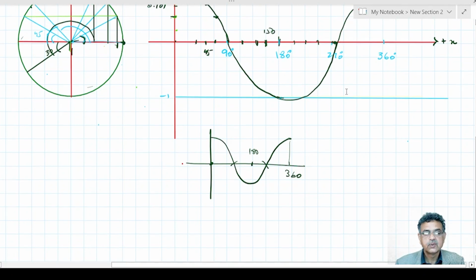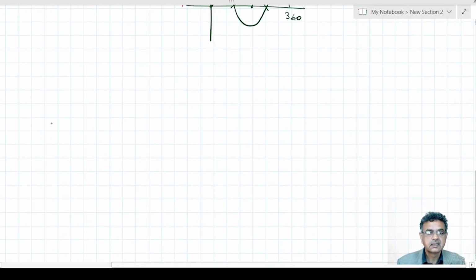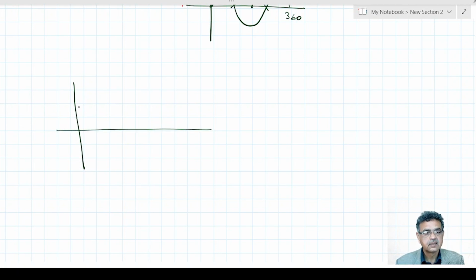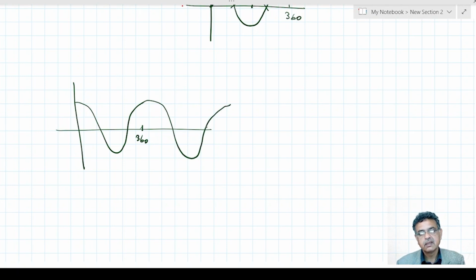If there are more cycles like this, then this is one cycle till 360 degrees. Then the next cycle will be here till 720 degrees.